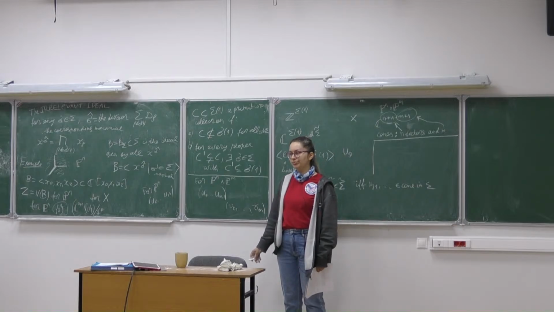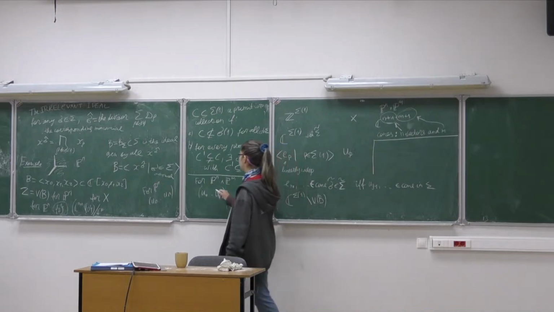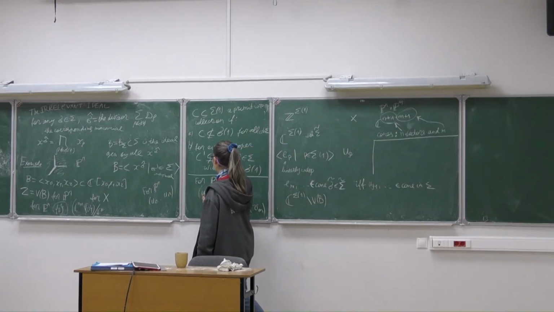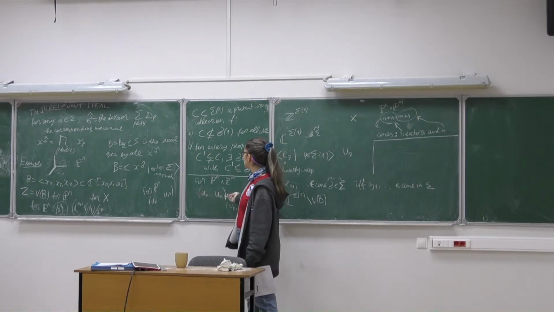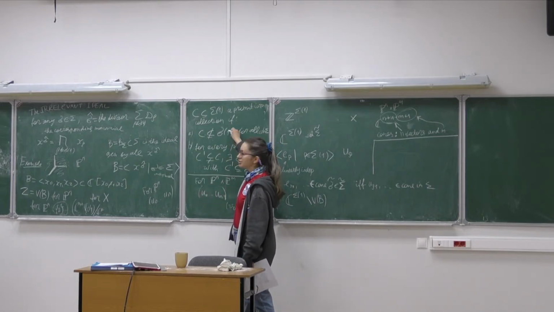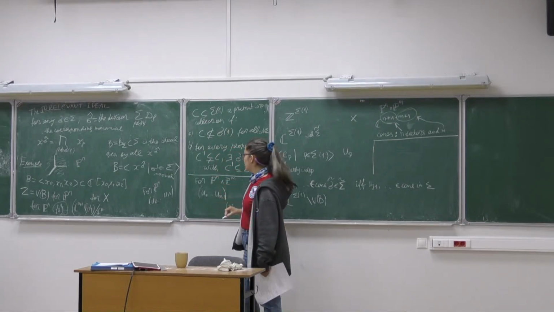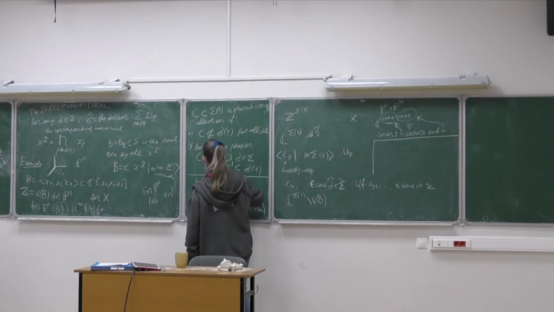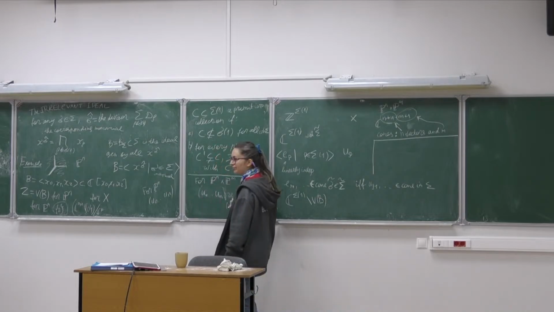Why is it so? First of all, on one of the sides, it should contain all the vectors. Because if not, then this collection is already in the product of sigma for this one and sigma for this one. So if it has all the u's and some vi, can it happen?